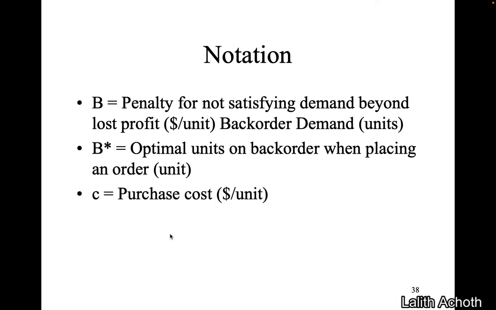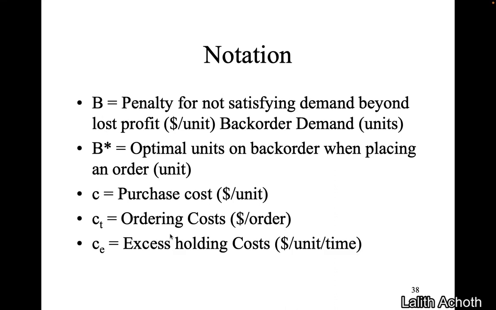C is the purchase cost of the item. How much does it cost to buy the item? CT is the ordering cost, just like EOQ. And CE is the excess holding cost. So these terminologies you must just get to understand. So B is the penalty for not satisfying demand beyond a particular level. B star is the optimum units of back orders when placing an order.